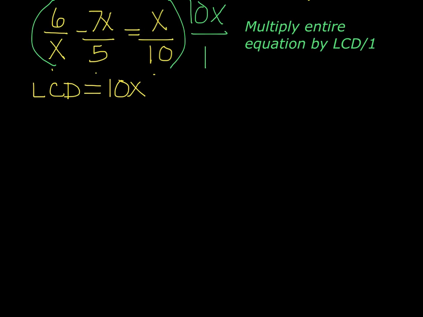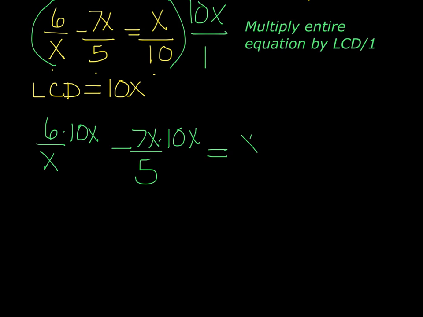So I multiply 6 over x times 10x, and then minus 7x over 5 times 10x equals x over 10 times 10x. I'm just not putting the 1, because you guys know that's understood. Then what I have here is 6 times 10 times x divided by x. These x's cancel, and I have 60.